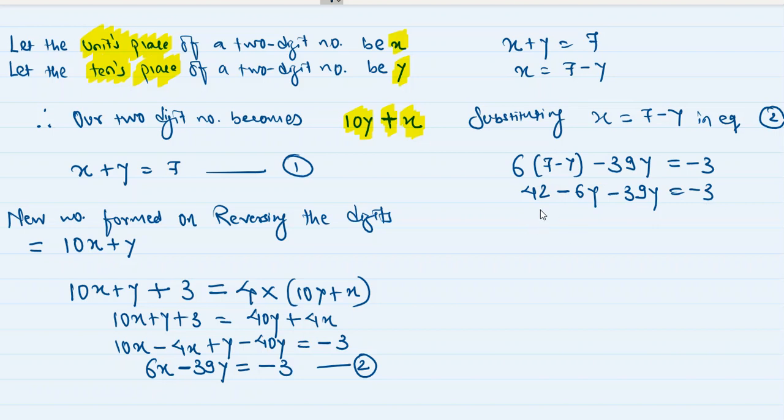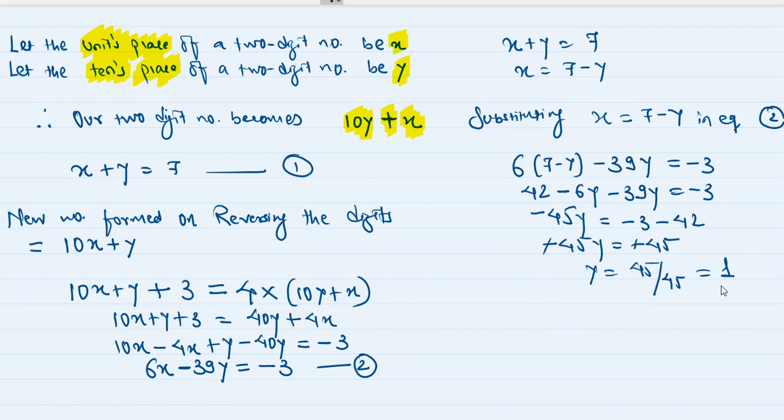So this will become minus 45y is equal to minus 3 minus 42. My 42 goes over that side, becomes minus 42. So minus 45y is equal to minus 45. Minus minus cuts. So y is equal to 45 divided by 45, which is 1. Okay, so y is 1.